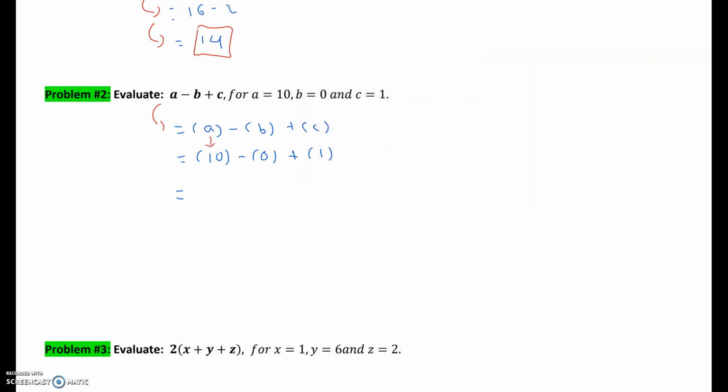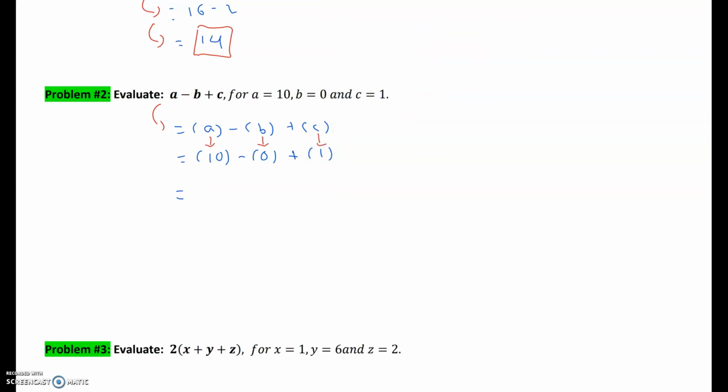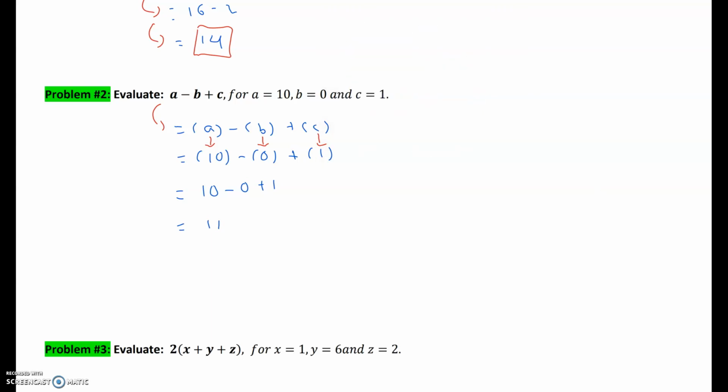So here I'm just illustrating that extra step. But in reality, what we're actually doing here is saying, well, 10 minus 0 plus 1, which is going to be the values of 11. That's actually it for this one. Once again, this expression with these values happens to be 11.